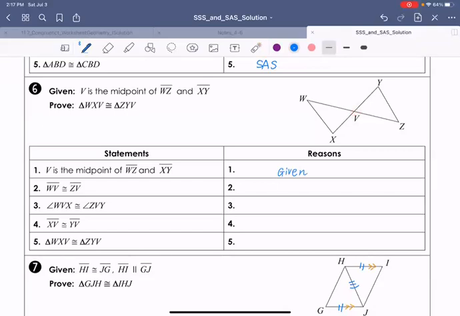Reason number 2 is definition of midpoint. Number 3 is vertical angle postulate. Number 4 is definition of midpoint. Okay.